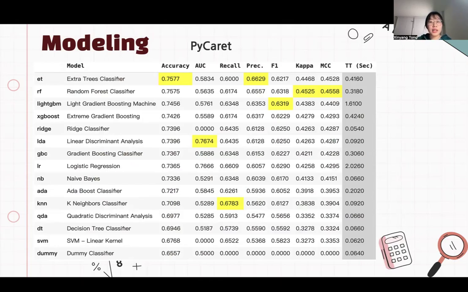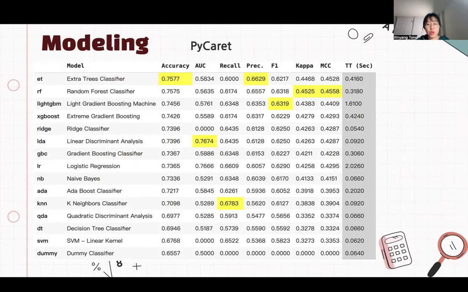For example, if we choose accuracy as the indicator to select the best model, the best models will be the extra trees classifier and random forest classifier. The random forest classifier accuracy is 0.7575, which is just slightly lower than the extra trees classifier, while for the AUC indicator, the best model would be the linear discriminant analysis, and so on.